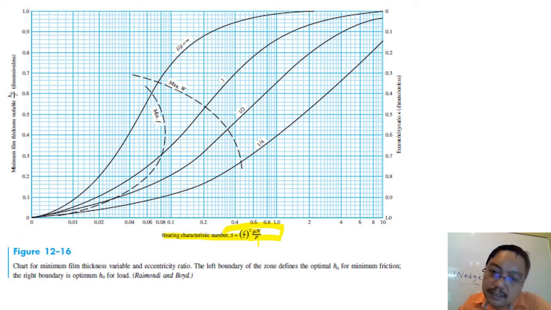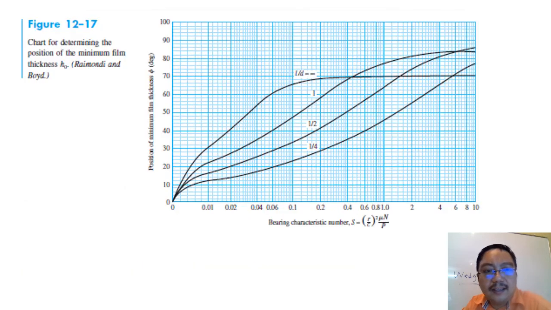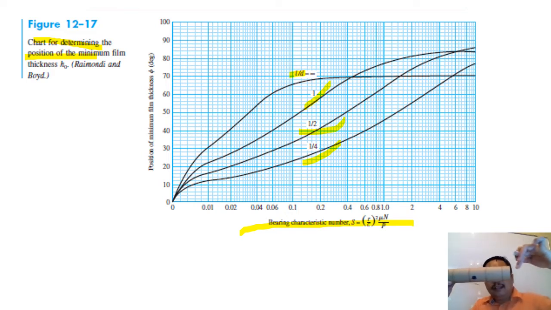And then this is the chart for determining the position of the minimum film thickness. Again, the bottom one is the Sommerfeld number, and this is the length over diameter ratio: 1, 1 over 2, 1 over 5.